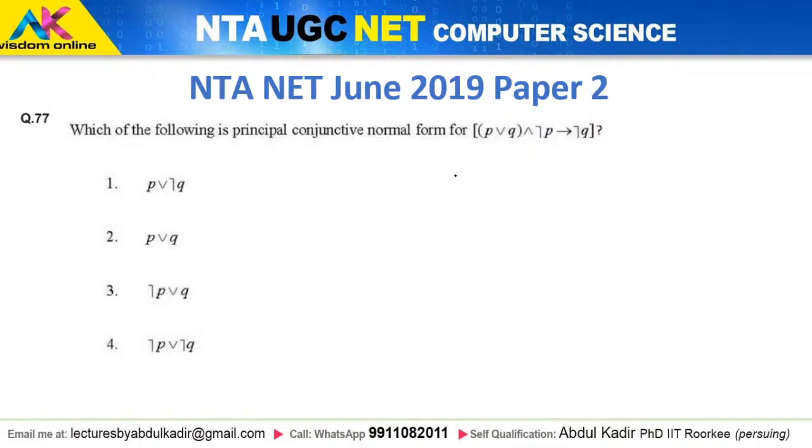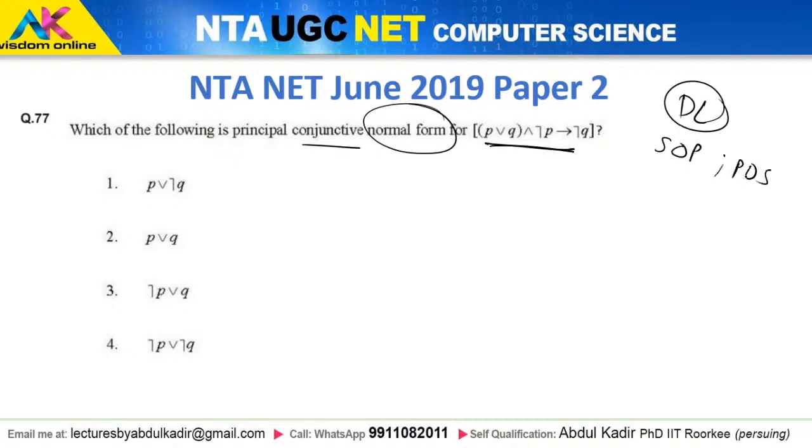Now this is again a very easy question. Which of the following is the principal conjunctive normal form for this expression? As I told you, I left this normal form because in digital logic you will study something called SOP and something called POS.